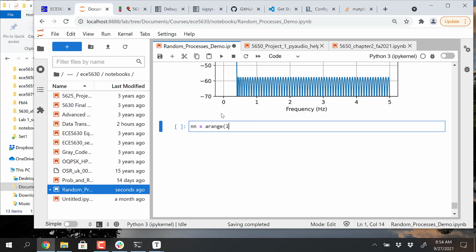Let's say NN is arange of the length of B sub low-pass filter, and then I will form B sub bandpass filter equal to B sub low-pass filter times cosine of 2 times pi times 3.5 over 10, which is my sampling rate, and then times NN.